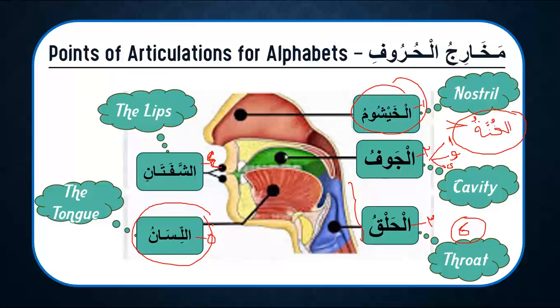So we have 5 major points of articulation. We have the khayshum, we have al-jawf, we have al-halq, we have al-shafatan, and we have al-lisan. Again, al-khayshum, the nostril, al-jawf, the cavity, al-halq, the throat, al-shafatan, the lips, al-lisanu, the tongue.